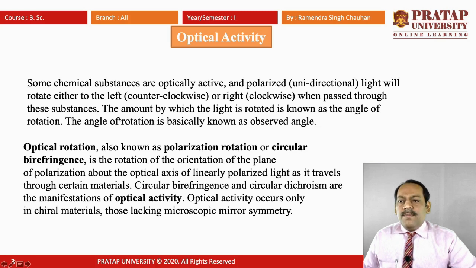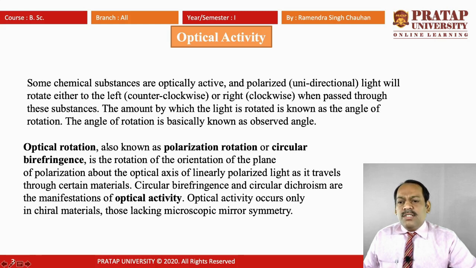So what we see is that when we place the optically active substance, and again rotate the analyzer to the right or left to bring it to the cross position, the angle by which it is rotated is called the angle of rotation, and this is observed experimentally on the circular scale which is provided for the rotation of the analyzer.